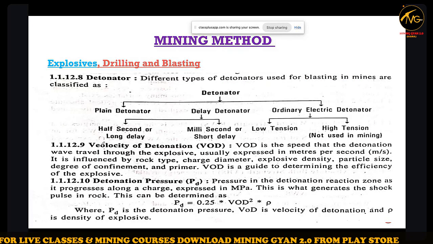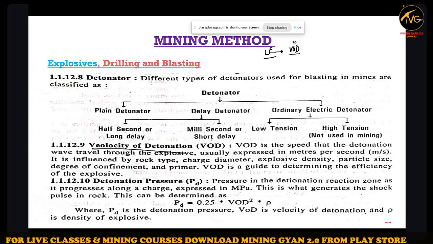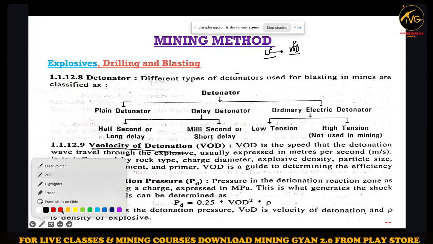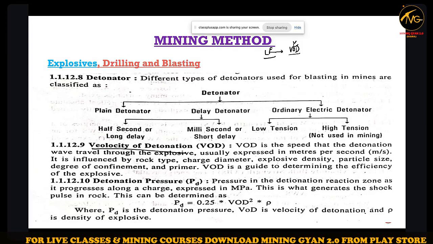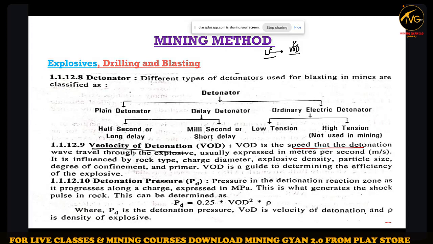Now come to velocity of detonation, VOD. I have told you in the low explosive that it has low VOD, है ना. So what is VOD? VOD is velocity. VOD is the speed that detonation wave travels through the explosive.